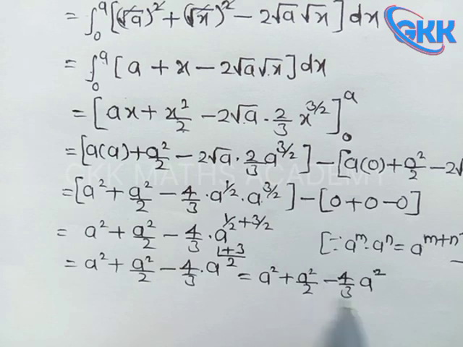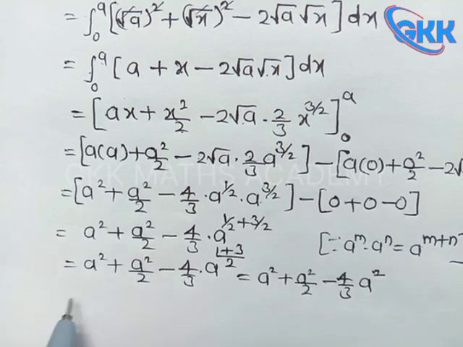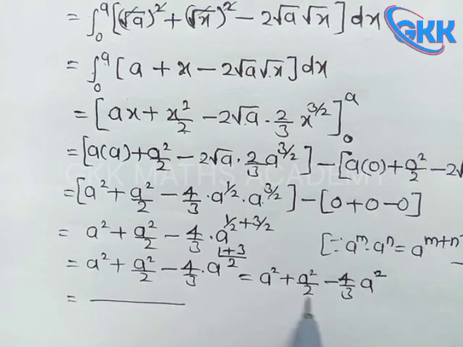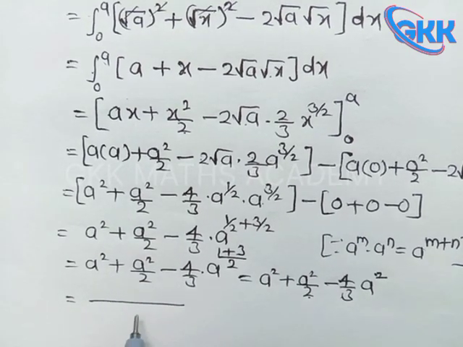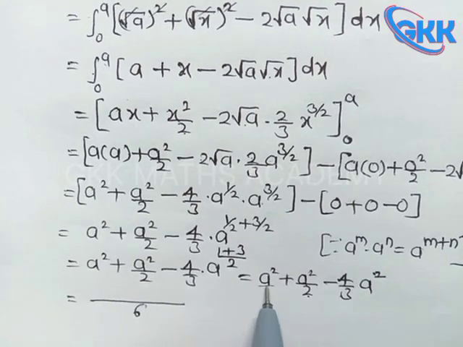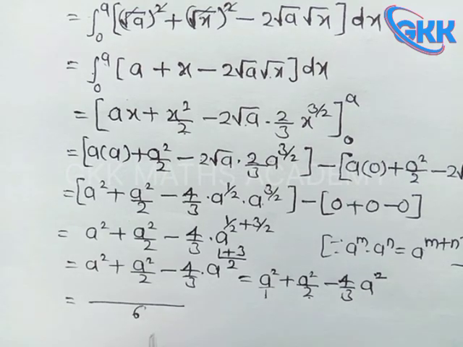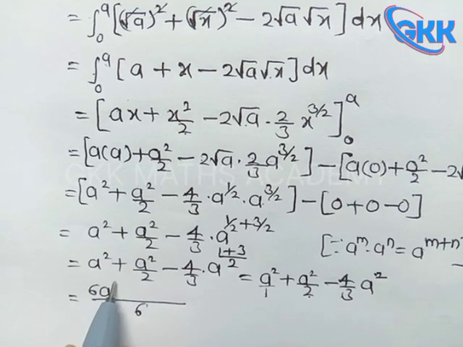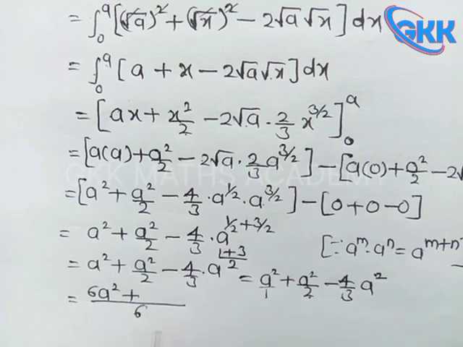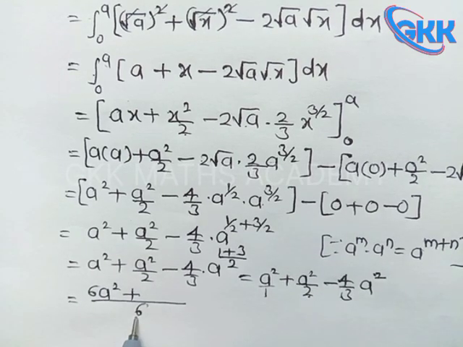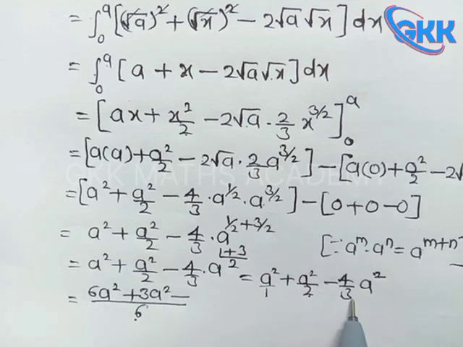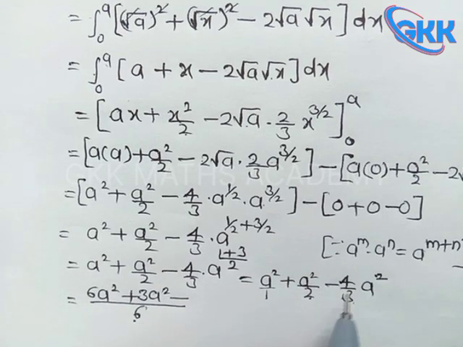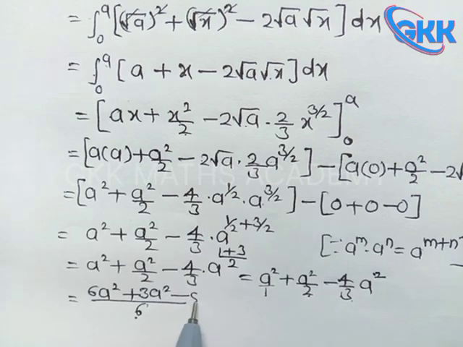So in these three terms, what is common here? Otherwise do the LCM. LCM is 6 here. So 1 times 6 into a square: 6a square. 2 times 3 is 6, so 3 into a square: 3a square. And 3 times 2 is 6, 2 into 4 is there, no?